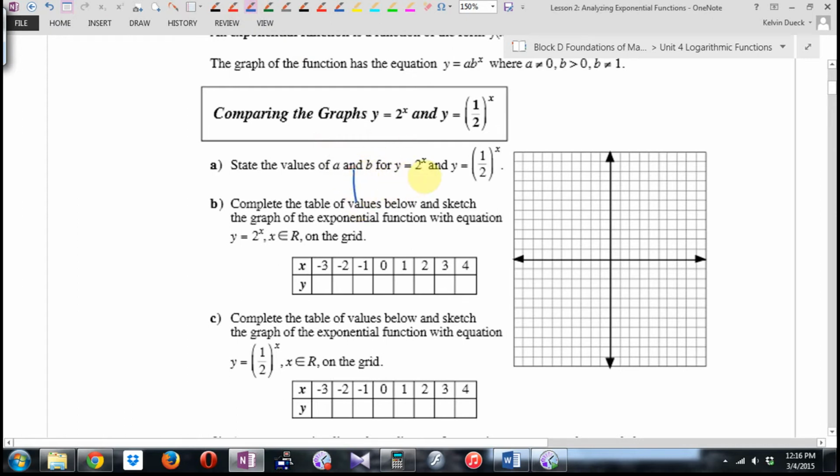Well, what's the base for this equation here? What's B? What's the base? What's the x sitting above? Yeah, keep it obvious. The base is 2. What's the base for the second equation? Y equals 1/2 to the x. 1/2. Is that okay so far?